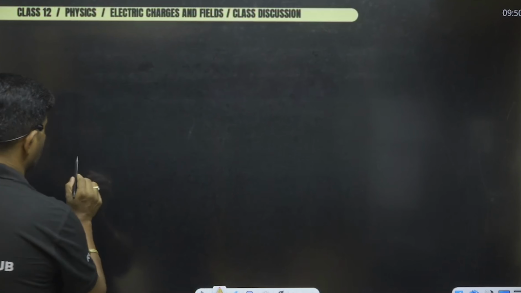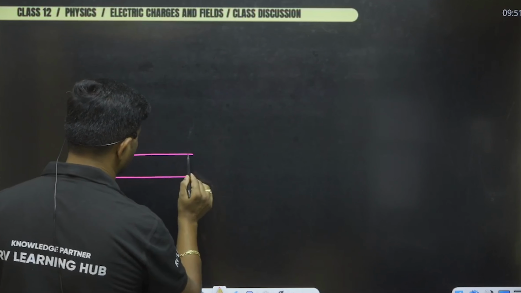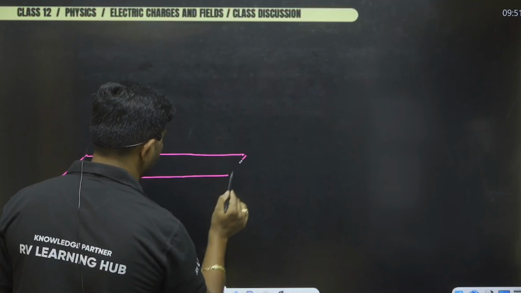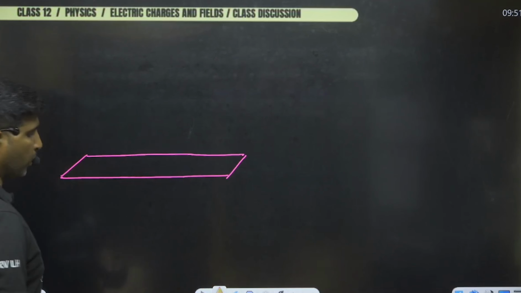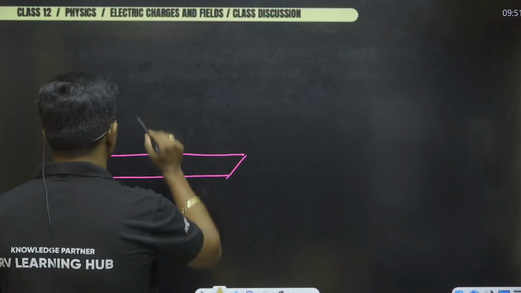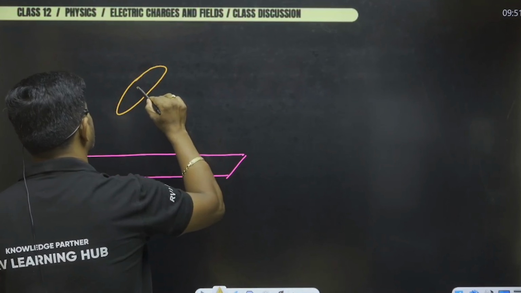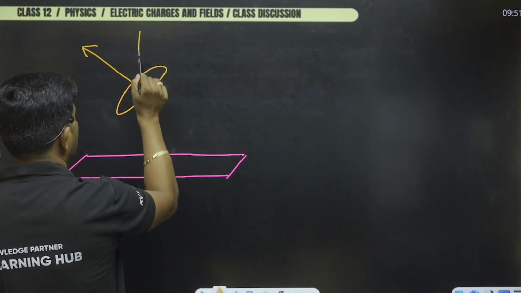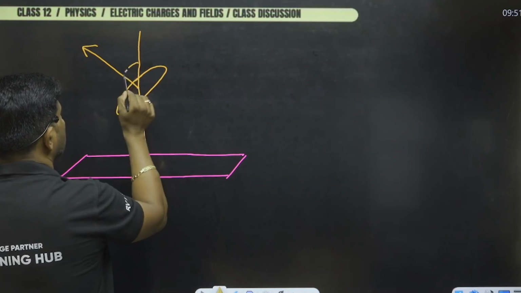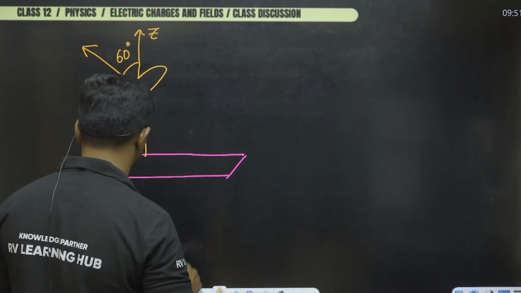So let us see what they are saying here. There is a large plane sheet which is placed in the xy plane. At some point, let us say here, there is a circular area, and its normal is making an angle of 60 degree with the z-axis.